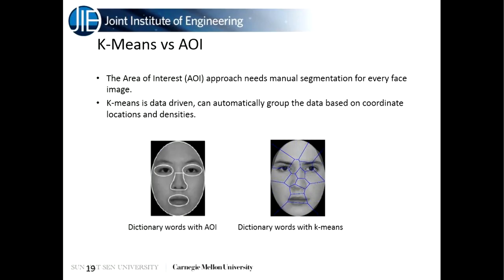You can see this is data driven, so there's no need for the doctors to manually segment semantic regions. Also, for those areas where eye gaze shows up frequently, they may be split up with more centers, more clusters, and so on.